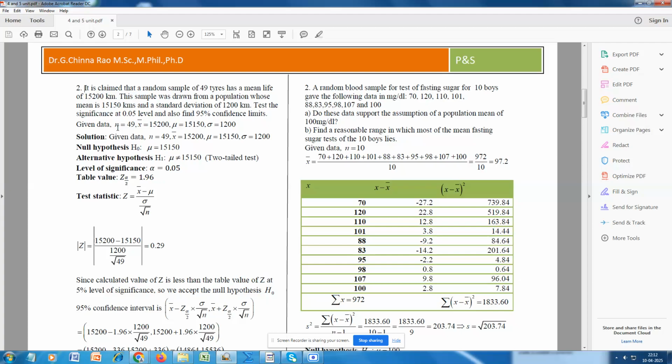Okay, now given data, here the sample size is n, which is 49, and sample mean is 15,200, population mean is 15,150, and population standard deviation is 1200.